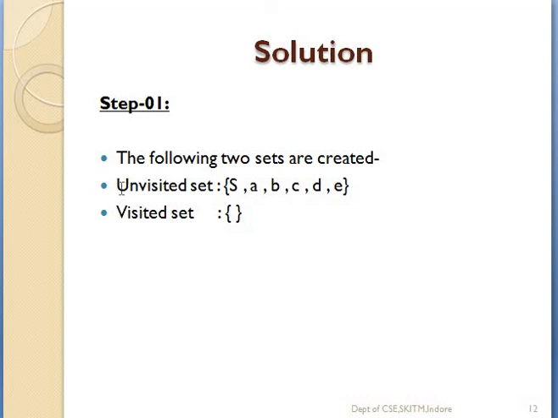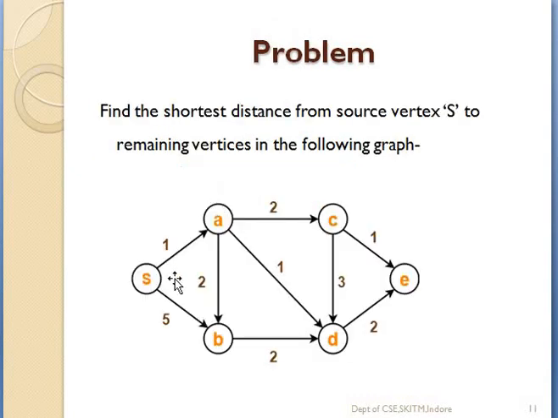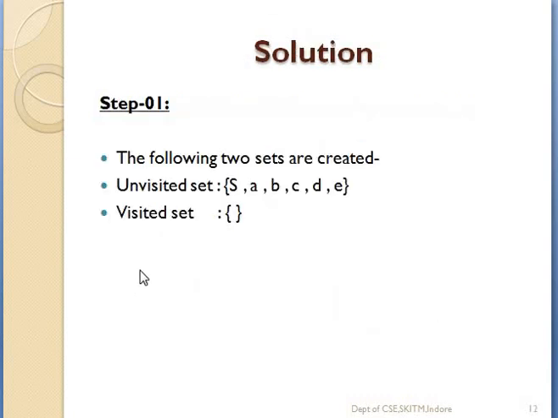Initially the unvisited set has all the vertices S, A, B, C, D, E, so we have six vertices, and we have to find the shortest distance from the source vertex to the remaining vertices A, B, C, D, E.